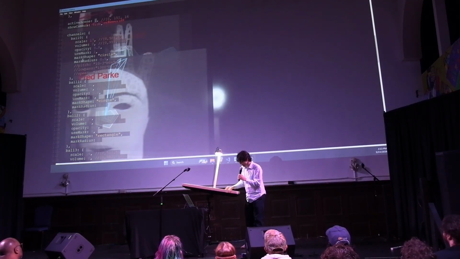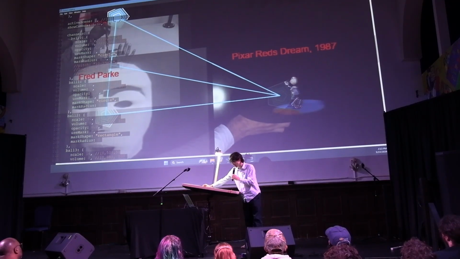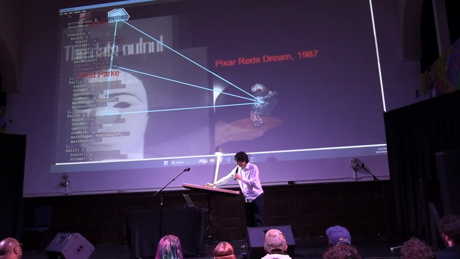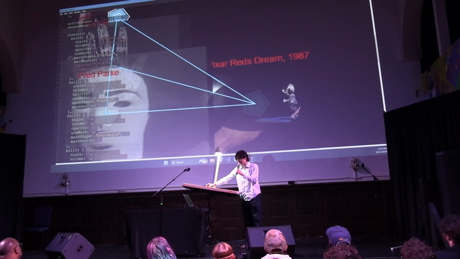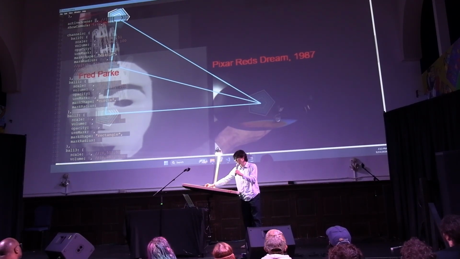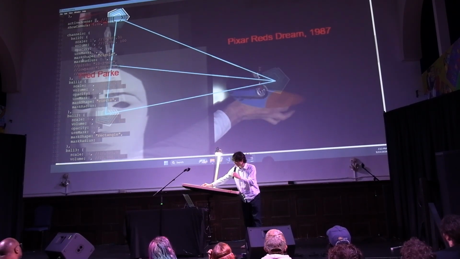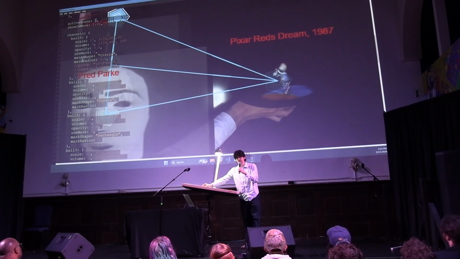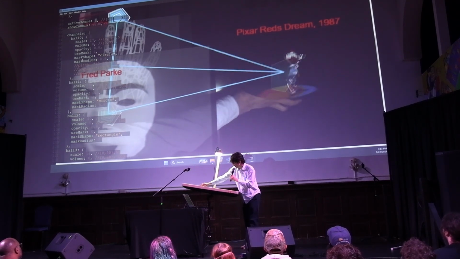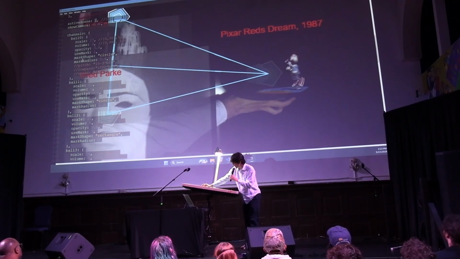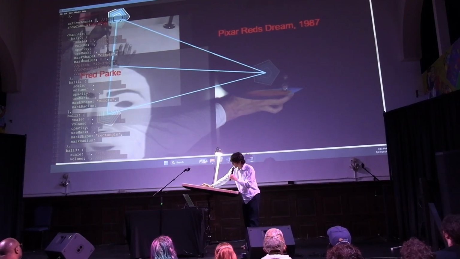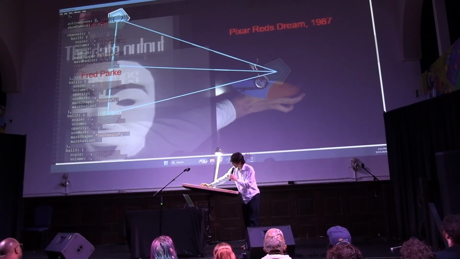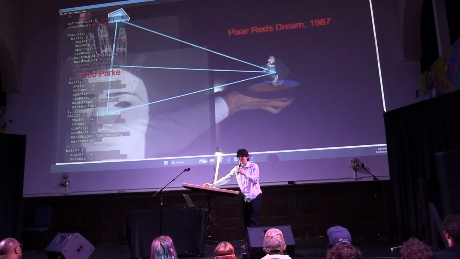But interestingly, later on in the late '80s, they made Pixar's second animation, called Red's Dream. You can think of it as a precursor to Toy Story thematically, because in a moment here you'll see the unicycle separates from the clown and starts juggling itself.